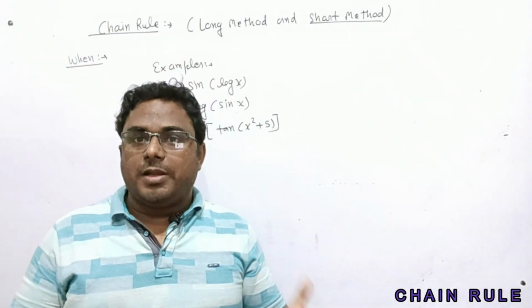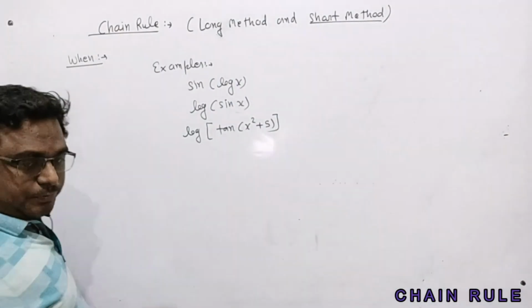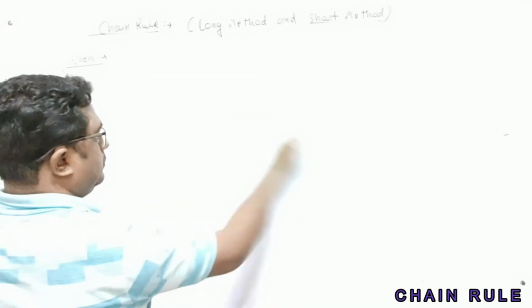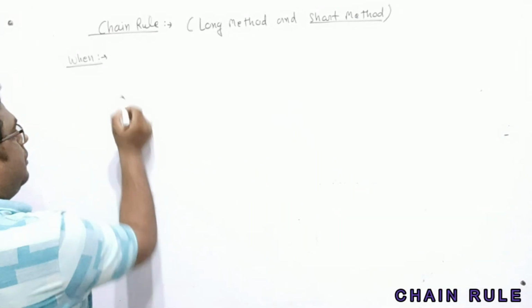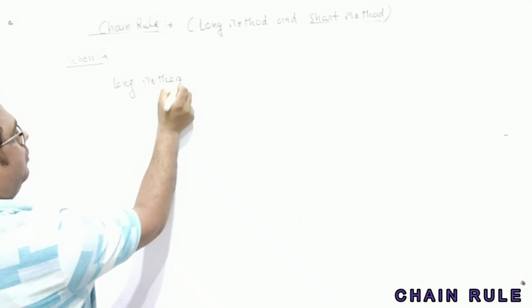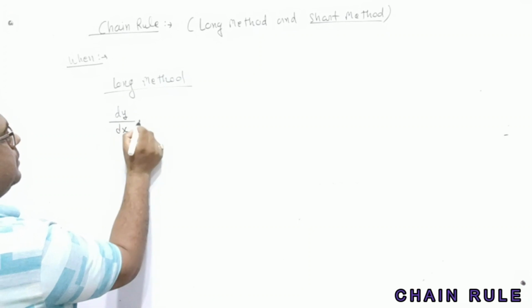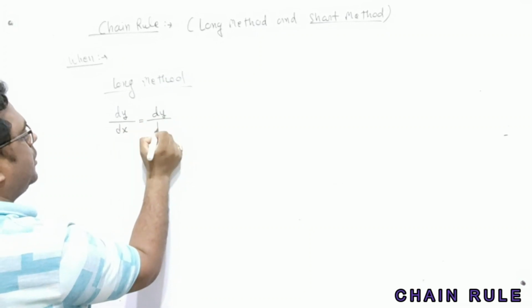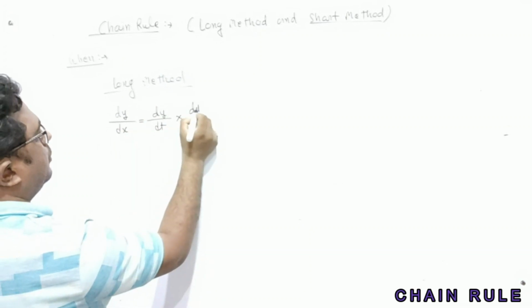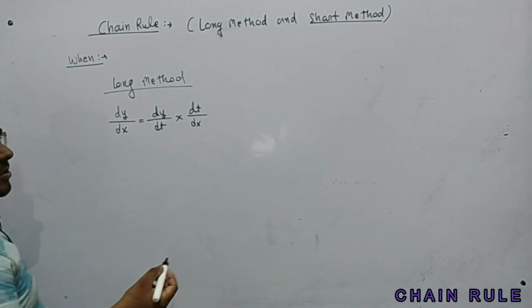So first of all, I will tell you what the formulas are in these two methods. If I talk about the long method, in the long method the formula of chain rule is dy/dx is equal to dy/dt into dt/dx. Here t is also a variable just like y and x.